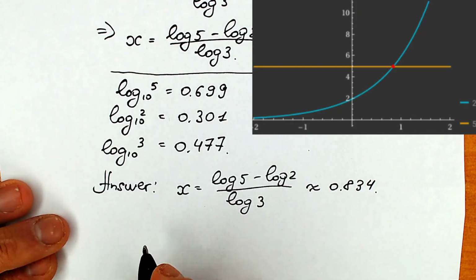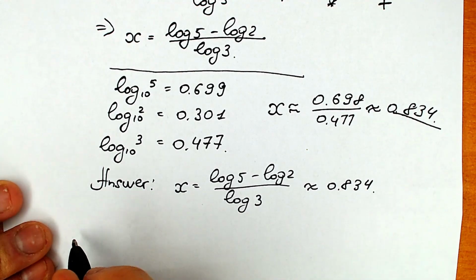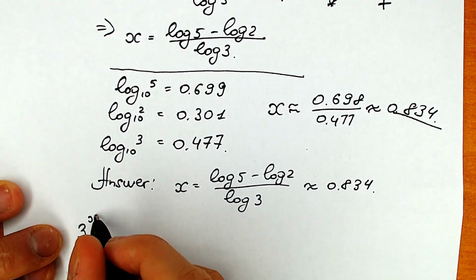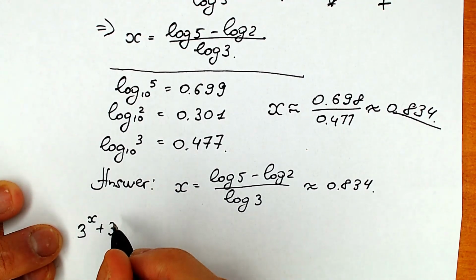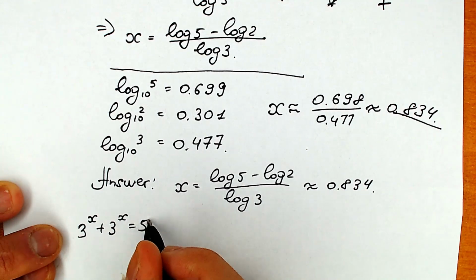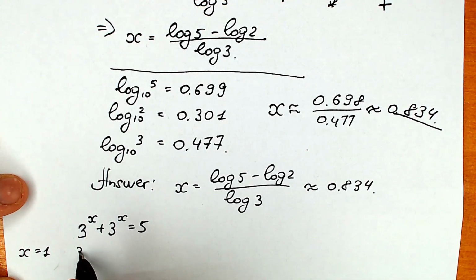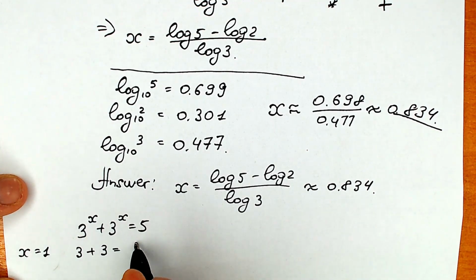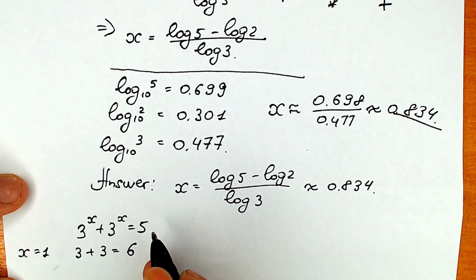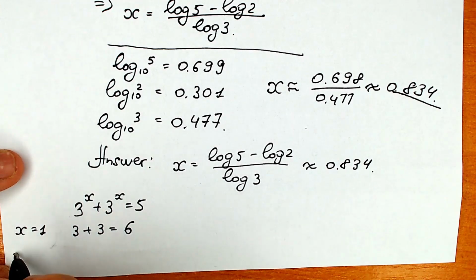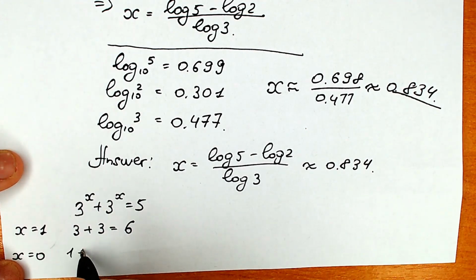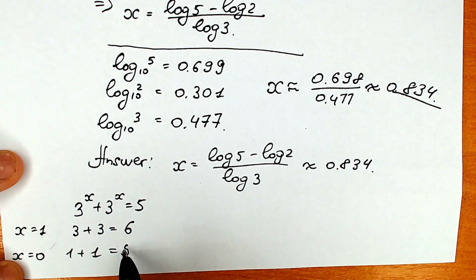I feel it, because in the beginning, as I told before, we had 3 to the power x plus 3 to the power x equal to 5. When x is equal to 1, we have 3 plus 3 equal to 6, so it's greater than 5. And if x is equal to 0, we have 1 plus 1 equal to 2.